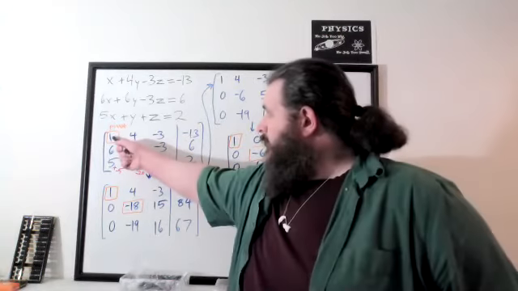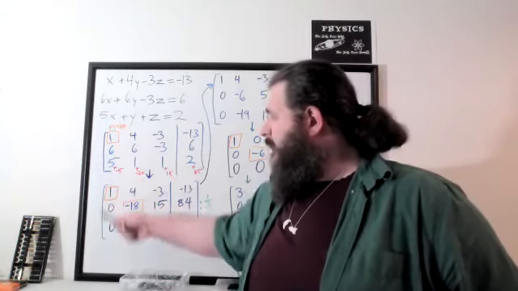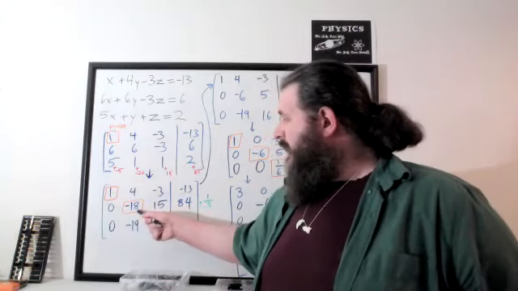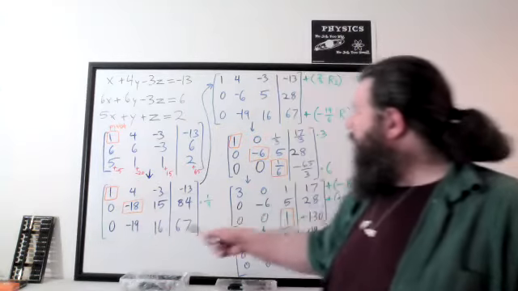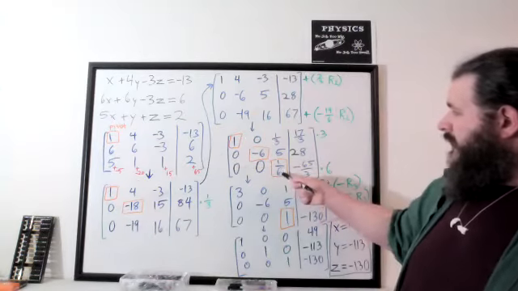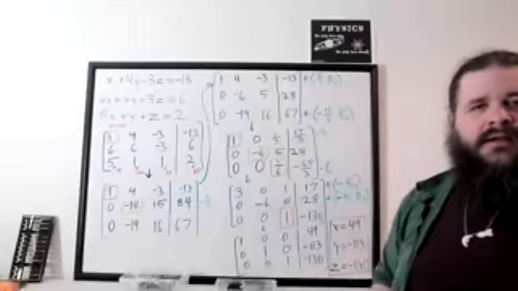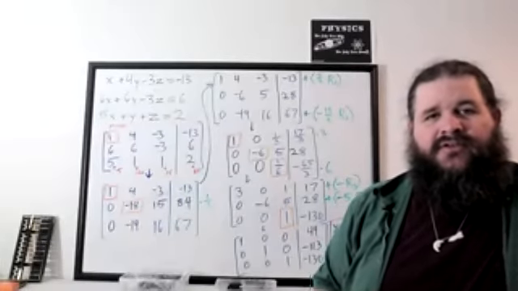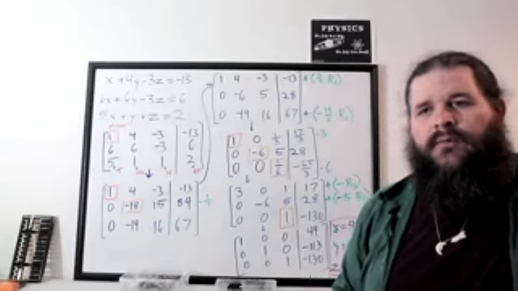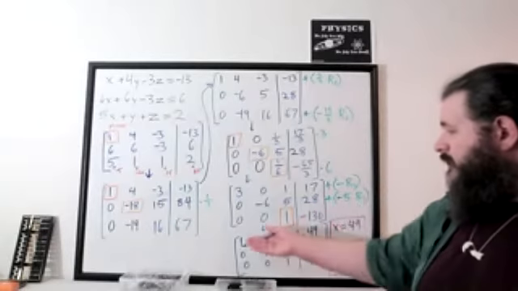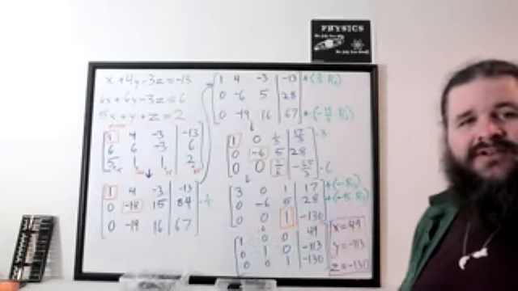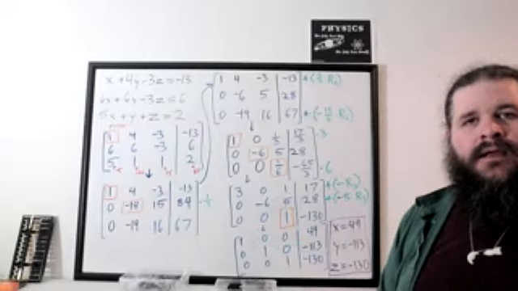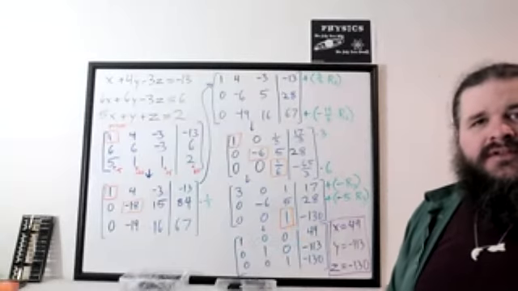Here's a pivot, use that row to eliminate everything in the same column. Here's another pivot, use that row to eliminate everything in the same column. Here is our final pivot, use that to eliminate everything in the same column. And as needed, fill in extra multipliers or divisors to make things easier to work with. Once you've got to reduced row echelon form, turn each row back into an equation and see what you've got. Any other questions on that so far?